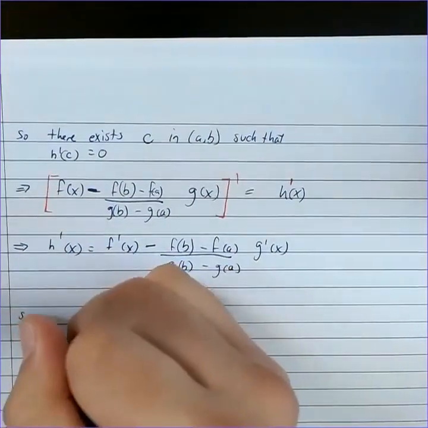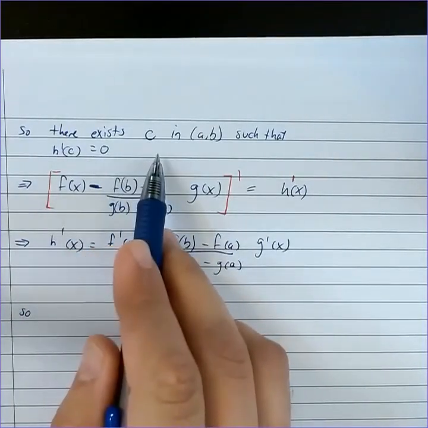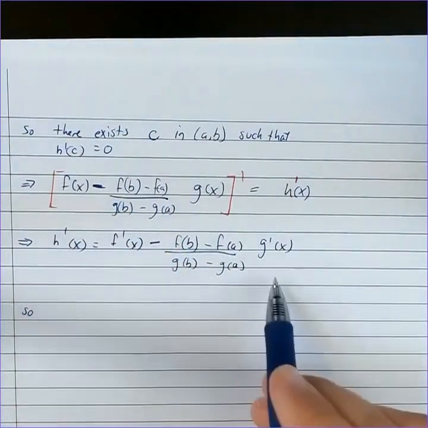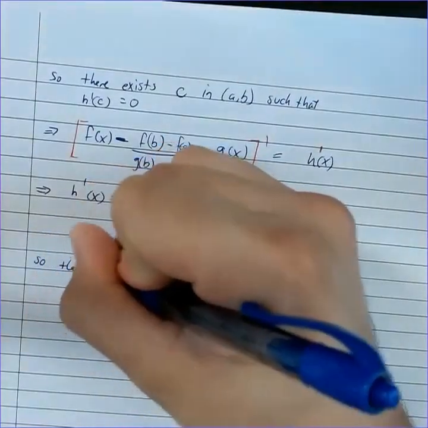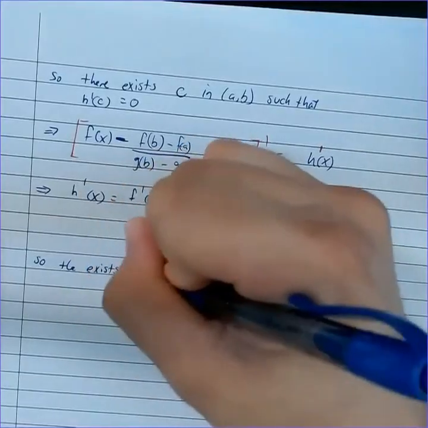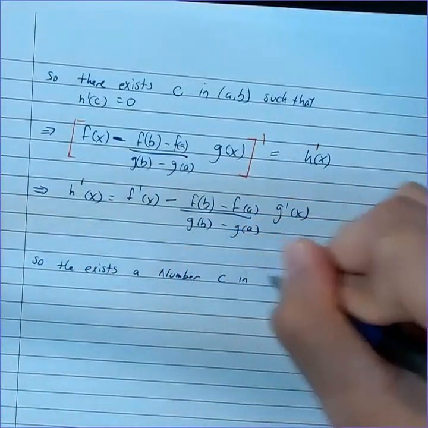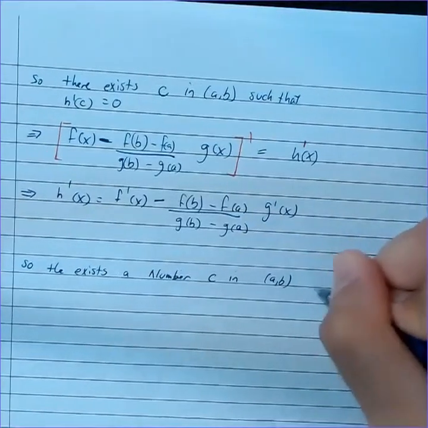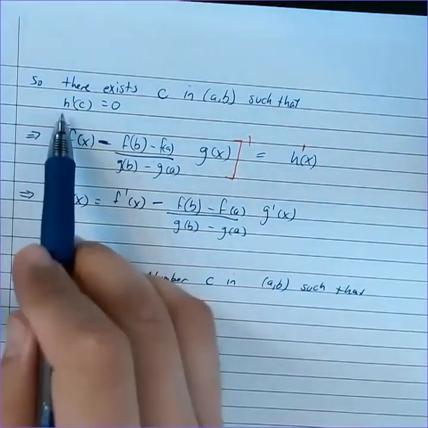So, given what we just found up here, there exists a value c such that this is equal to 0 if I plug in c. So there exists a number c in the interval from a to b such that, okay, I found the derivative.